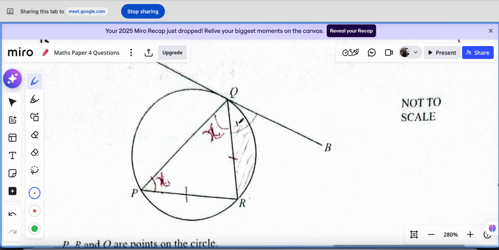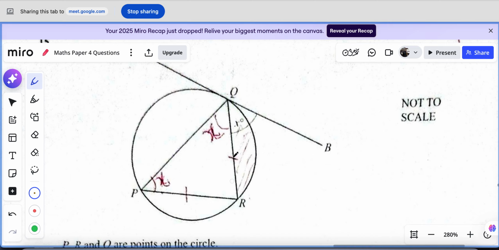If that is true, if here is X, here should be X, because you're saying that QR is a bisector of PQB. An angle on the minor segment with a tangent is equal to the angle of the circumference on the major segment. So here is also X.